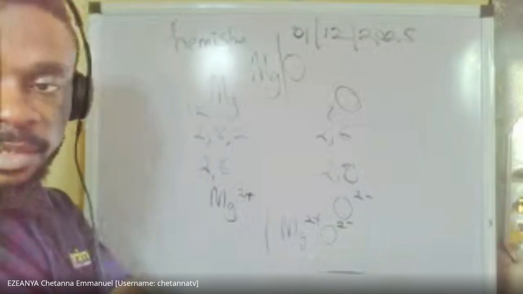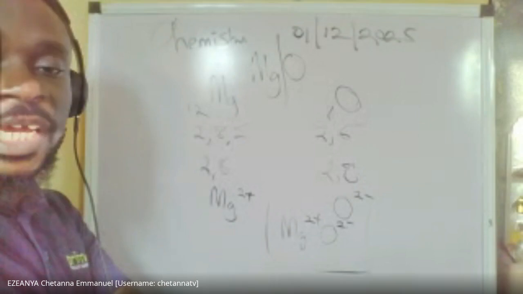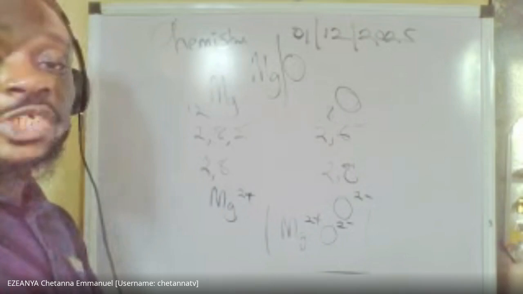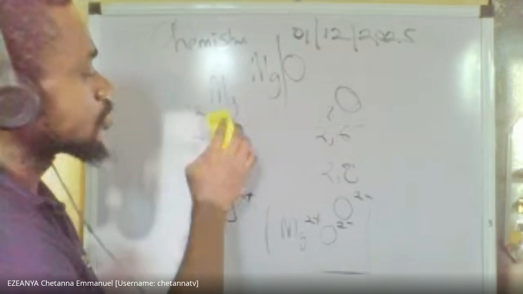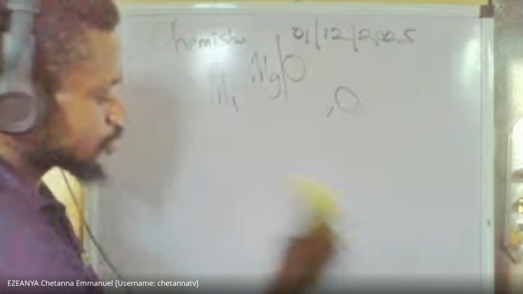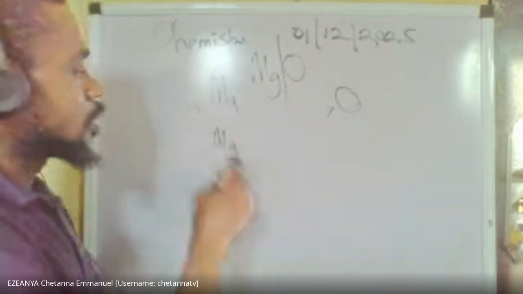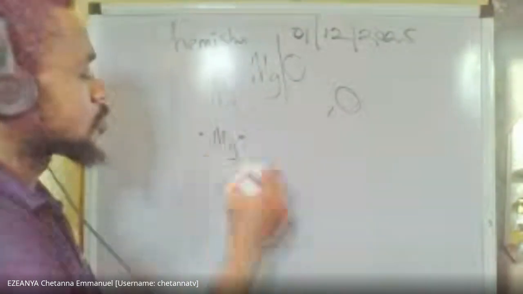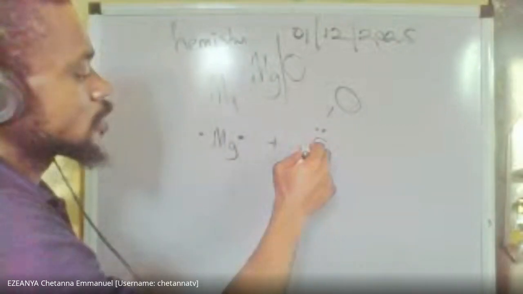Where we have something like this: magnesium, the atom's electrons, 1, 2, plus oxygen, the atom's electrons, 1, 2, 3, 4, 5, 6.